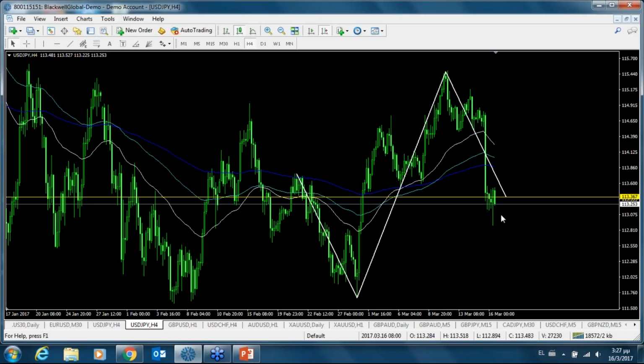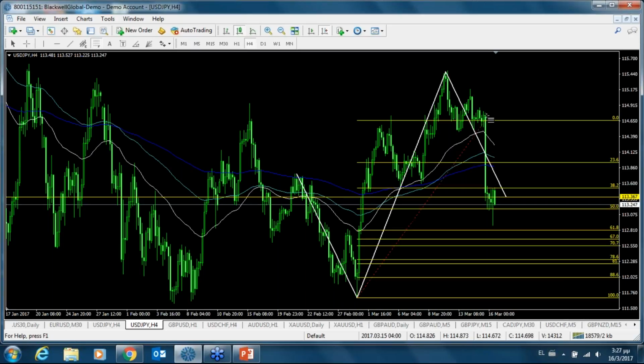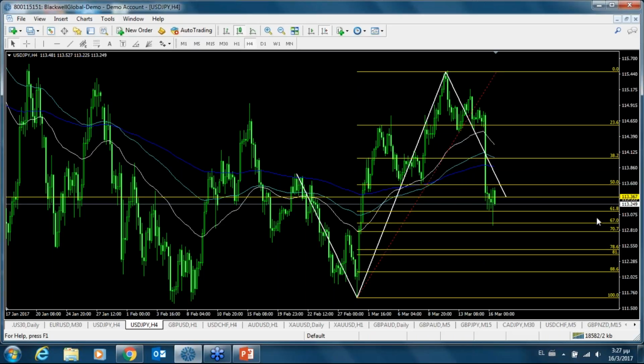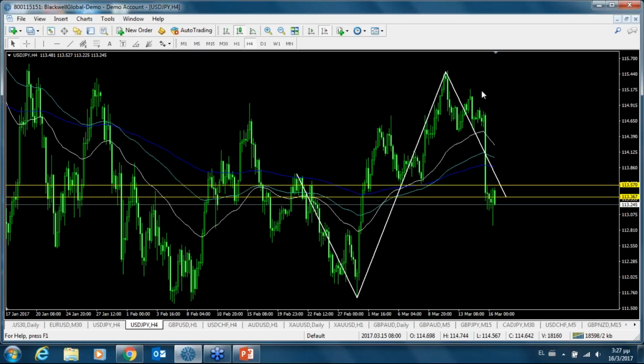So once it ends at the D area, and this D area is usually about 50% of the B to C. So if I pull my B to C right up there, the 50% was further up right there. So you've got a choice of two lines that gives you a sort of zone of reversal. Now within that area, we have got some support, some resistance, and various others.